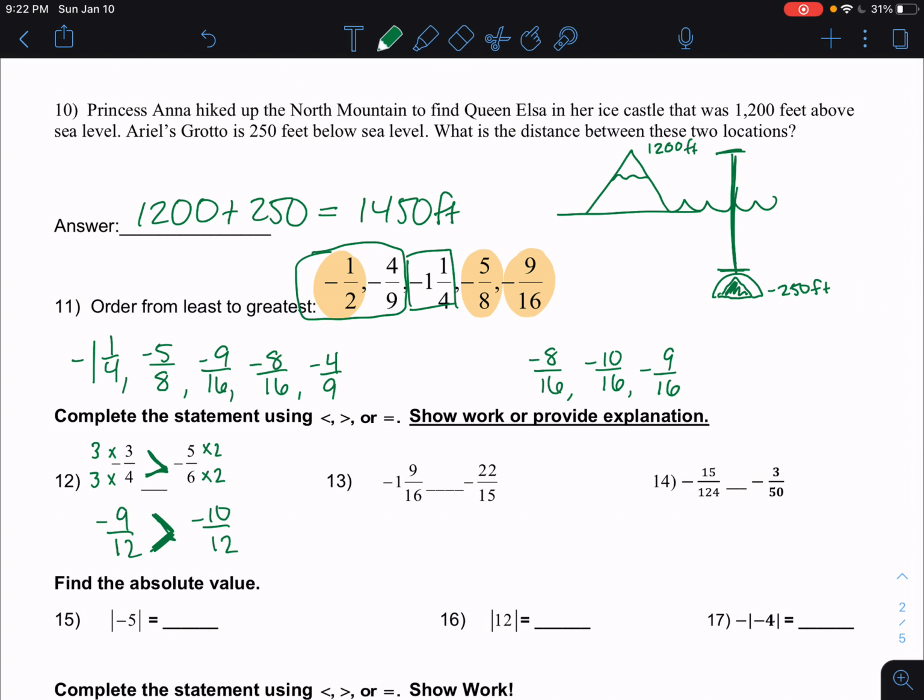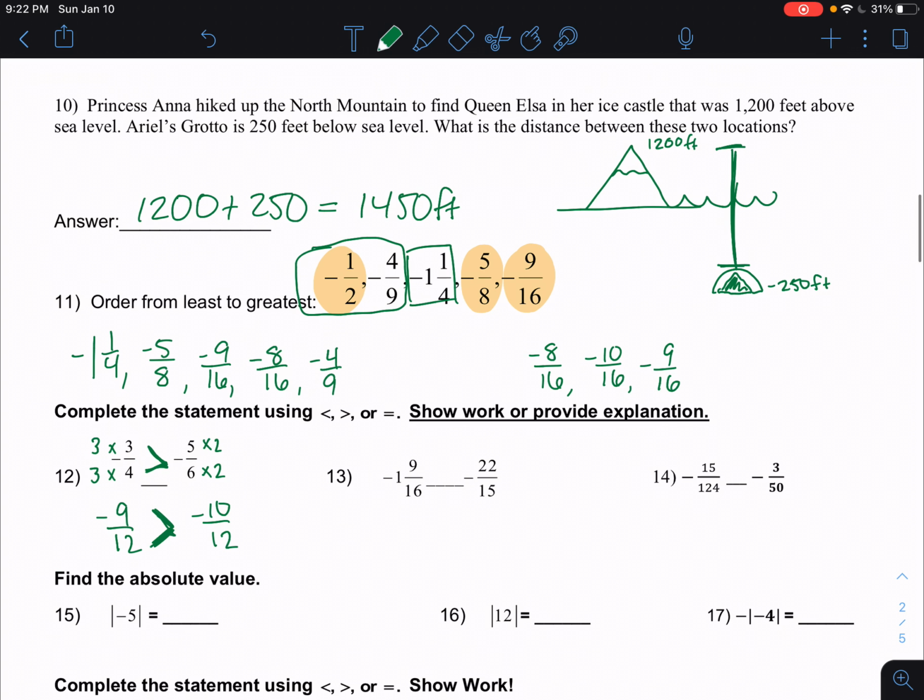For number 13, I've got a mixed number and I've got an improper fraction. I'm going to change 22/15 into a mixed number first. So 15 goes into 22 one time. And then 7 is left over. So I'm comparing negative 1 and 9/16 to negative 1 and 7/15.